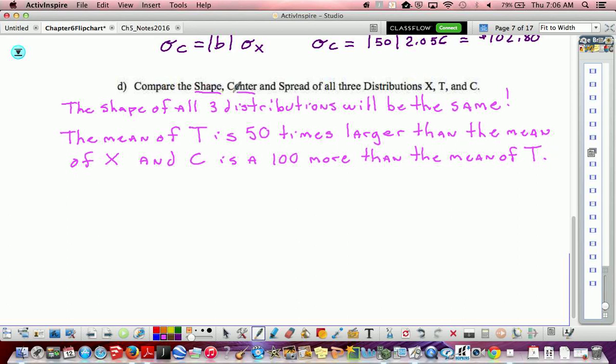So we've talked about center. Spread, we're going to look at the standard deviations.